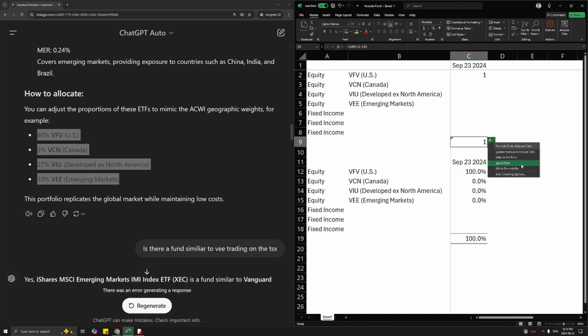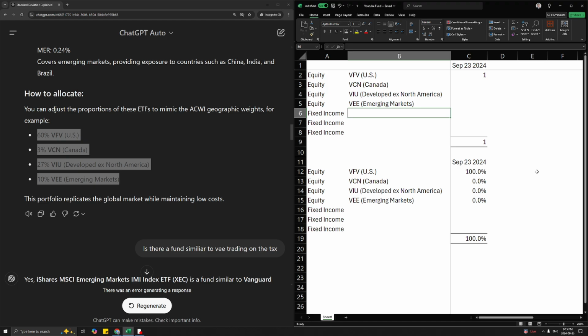I gotta fix up my Excel. I don't like that. Okay. All right. So this is my initial weights. So really, if I was only investing in these specific 4 funds, this would be how I would do it.